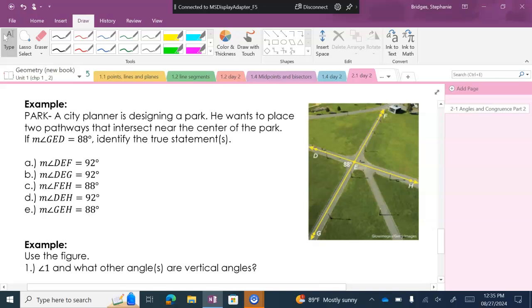And that's 92, which means this would have to also be what? 92? And then I could just go through and look at my answer choices and see which ones are correct.